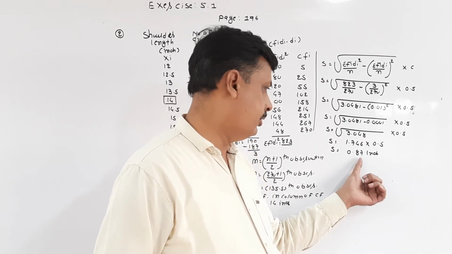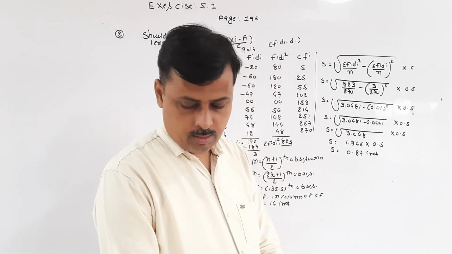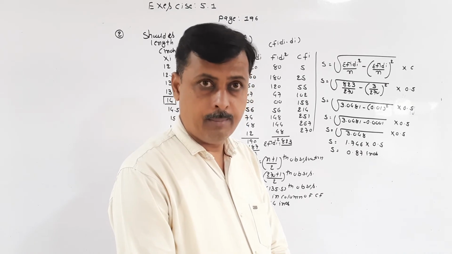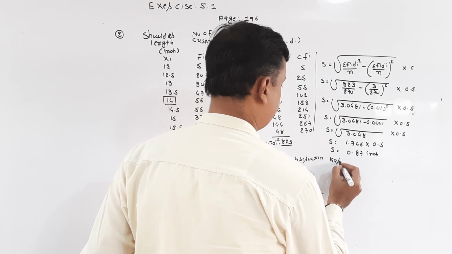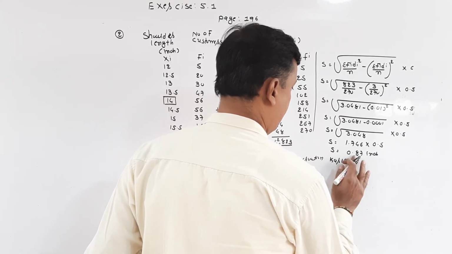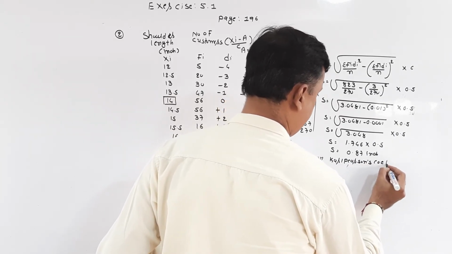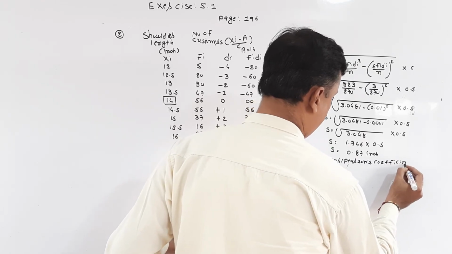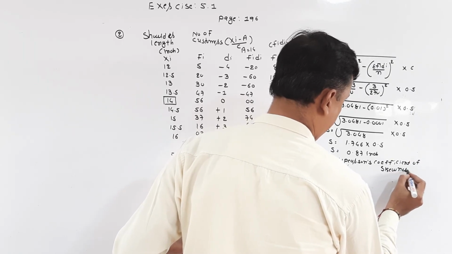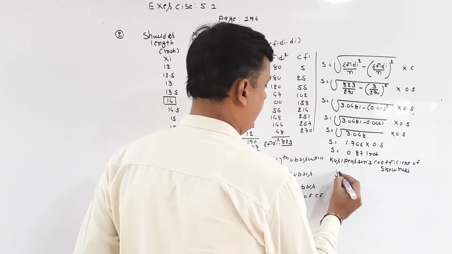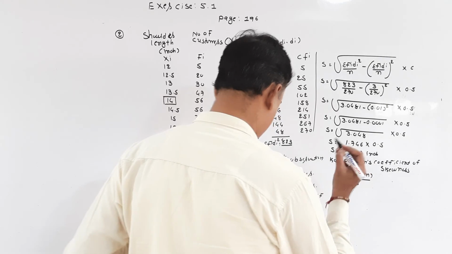So it is 0.87 inches. Now we have to find the coefficient of skewness by Karl Pearson. So Karl Pearson's coefficient of skewness, J is equal to 3 (x bar minus M) upon s.